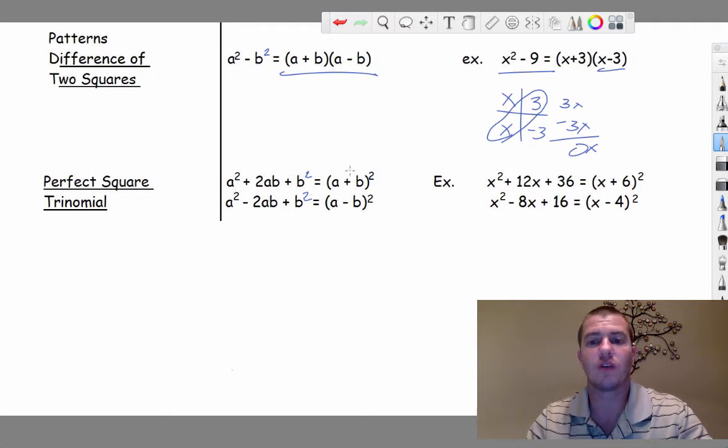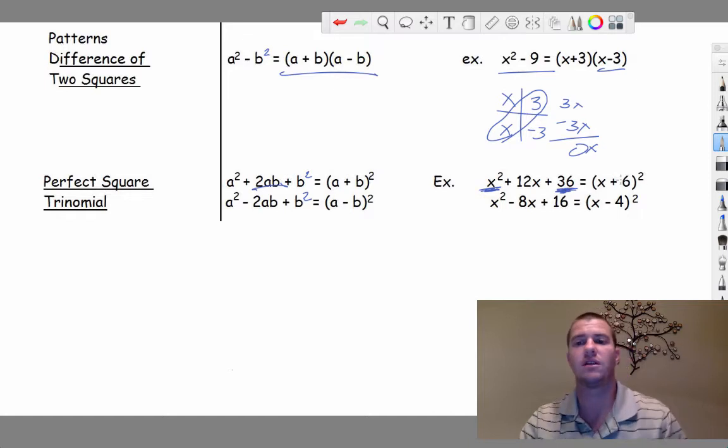So perfect square trinomials are when you have a square on each end, like this, x squared and 36. And then the middle term is going to be the square root of each of these, the x and the 6, multiplied together, times 2. So 6x times 2 is 12x.